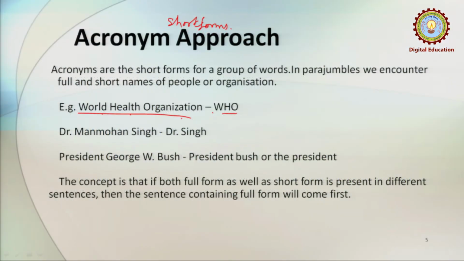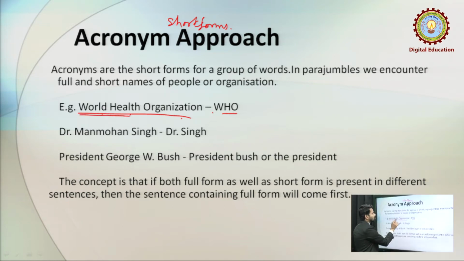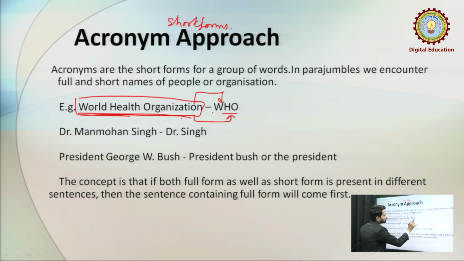Suppose you have a rearrangement and two sentences that consist of WHO and World Health Organization. So which sentence is going to be first and which sentence is going to be next? First, for introducing an organization, we will have to use the full form, that is World Health Organization, and then we can use the acronym WHO.